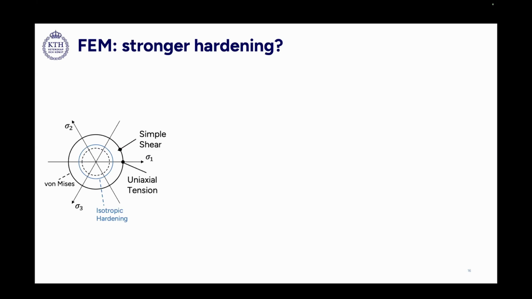But according to the experiment, there was a weaker hardening behavior. One explanation can be that instead of following isotropic hardening all the way, it becomes a Tresca yield surface in the end. And this phenomenon is called distortional hardening in the literature.